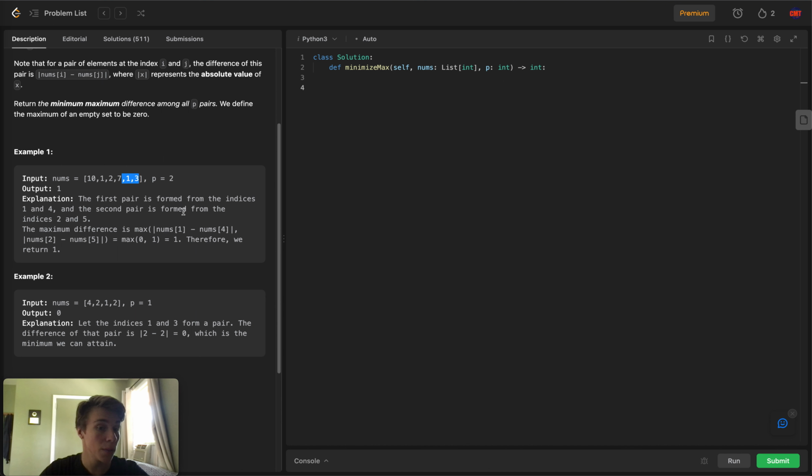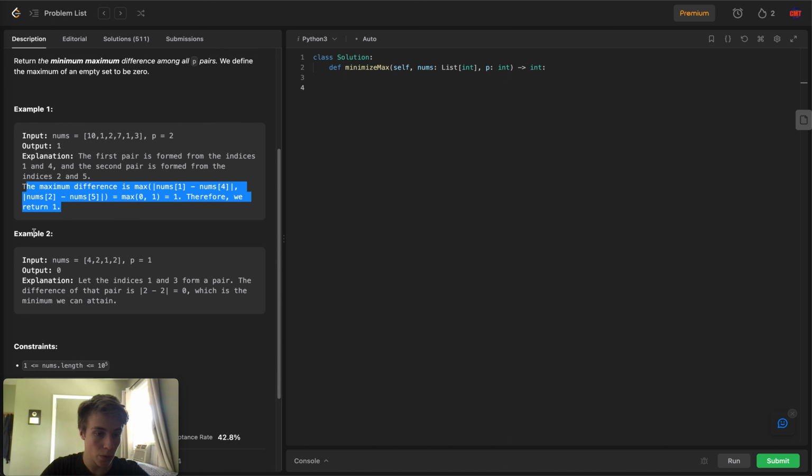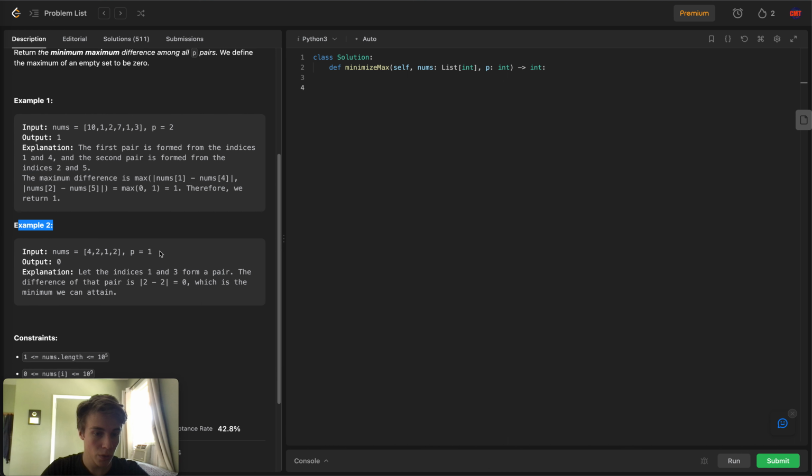The maximum difference of those 2 pairs is 1. Okay, so example number 2, p is 1 and the output is 0, meaning that they probably picked out these 2 2's. And the explanation is, the absolute value of 2 minus 2 is 0.